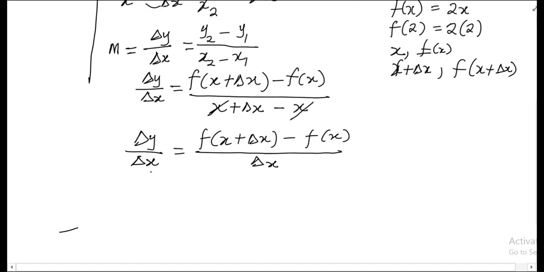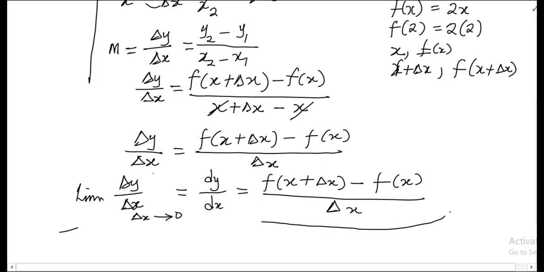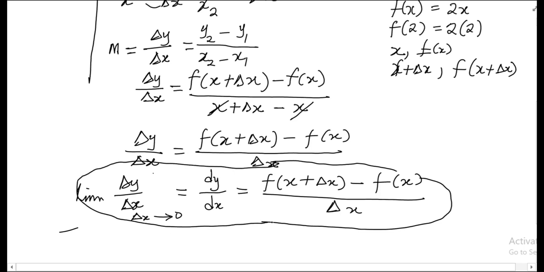The limit of a function, dy/dx as dx tends to 0, will be equal to our dy/dx, and that will be defined by f(x + dx) minus f(x) all over dx. So this right here is the format that we have for differentiation. If you are differentiating from first principle, this is the format that you have in mind for differentiation.